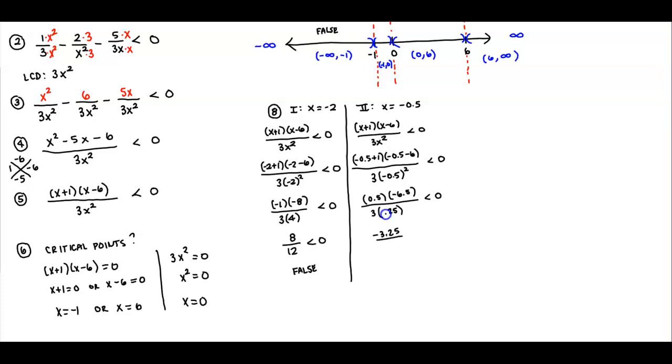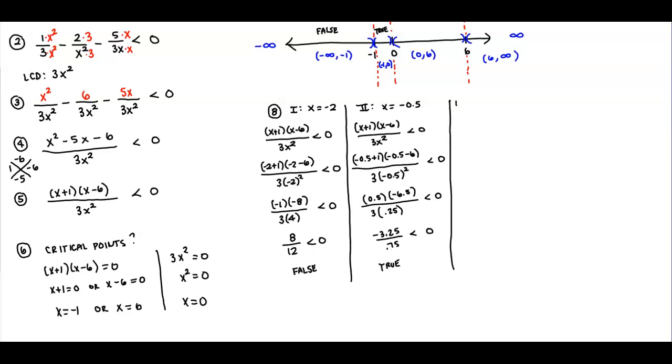And then 3 times 0.25 gives us 0.75. Now, we don't need to go any further because we have a negative number in the numerator and a positive number in the denominator. That tells us that regardless, this number is going to be negative, which means it's less than 0. So we know it's true here for region number 2.